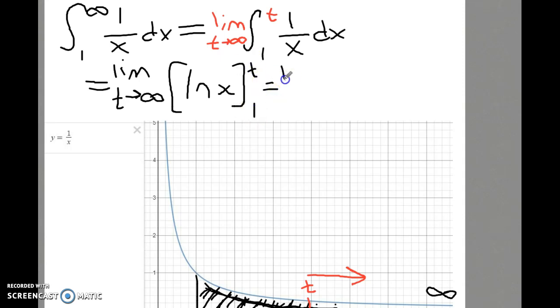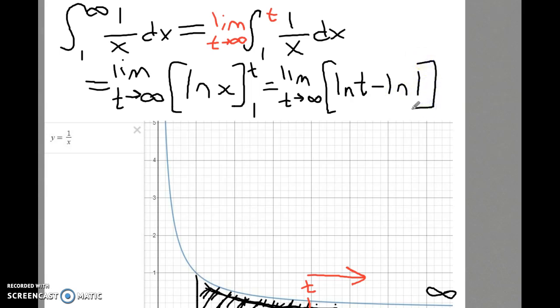Now you substitute your limits of integration: the upper limit minus the lower limit. So this is equal to the limit as t approaches infinity of natural log of t minus natural log of 1, which is 0.